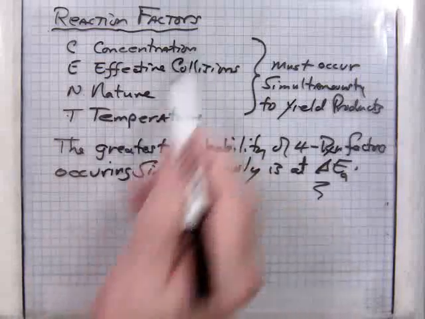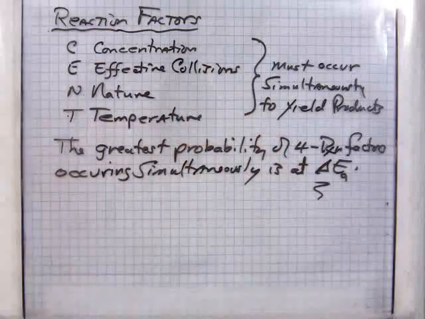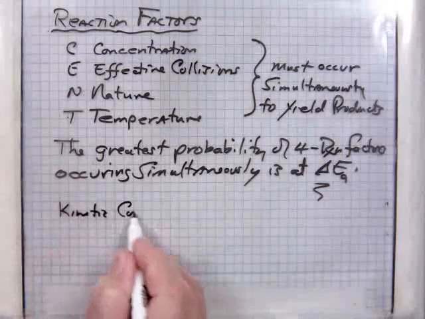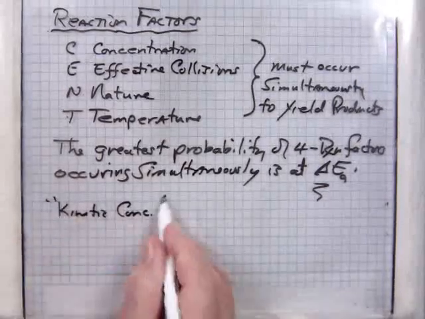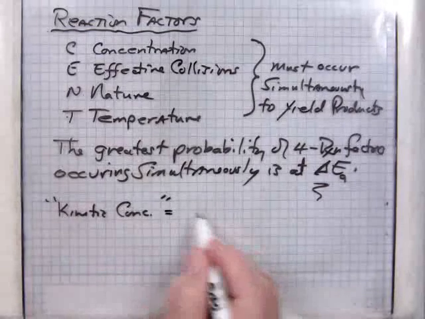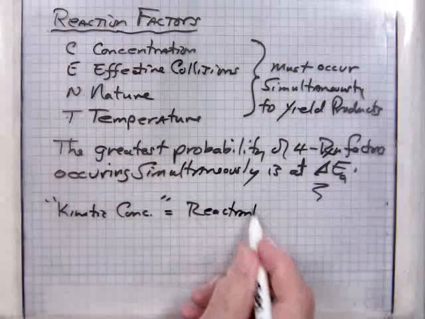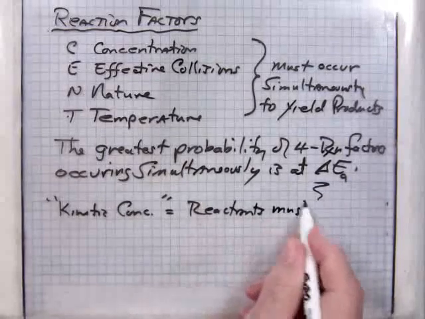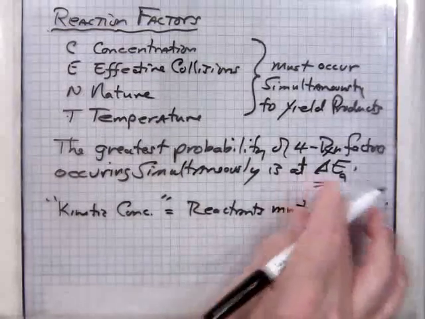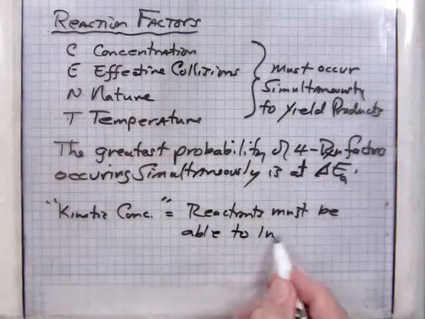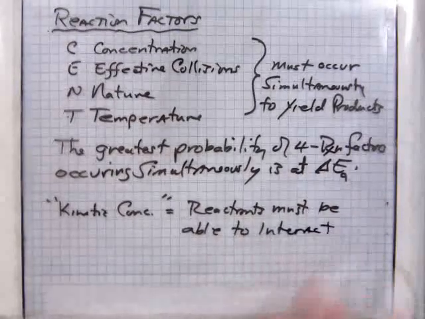Concentration is referred to as an effective kinetic concentration in the textbook. When I talk about kinetic concentrations, in a reaction, reactants must be able to find one another. What that means.